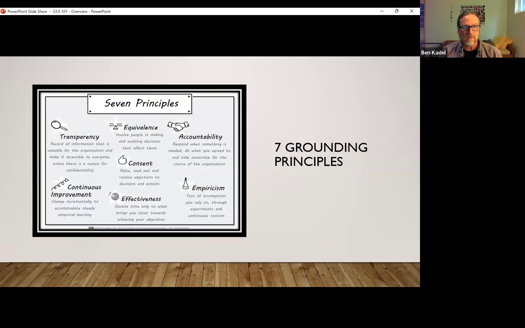Empiricism means that we're keeping our decisions grounded on things that we can touch, talk about, relate to, as opposed to a lot of the challenges in many groups, where we get into esoteric, abstract, and ideological debates that don't really live in the room.